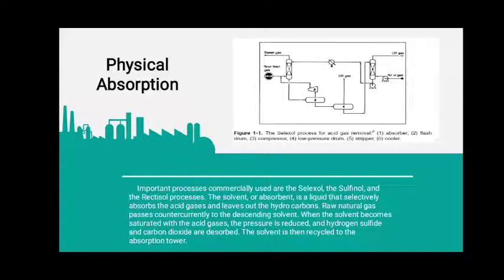When the solvent becomes saturated with acid gases, the pressure is reduced, and hydrogen sulfide and carbon dioxide are released. The solvent is then recycled to the absorption tower. So in physical absorption, we use solvents like Selexol, Sulfinol, and Rectisol to absorb the acid gases.